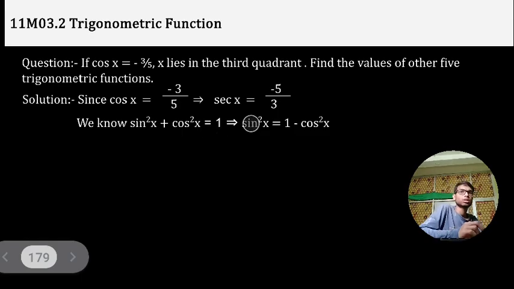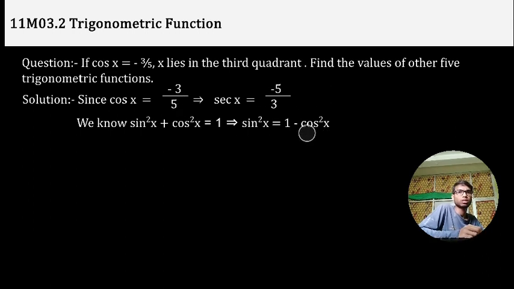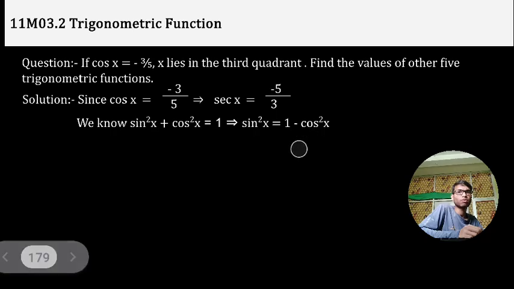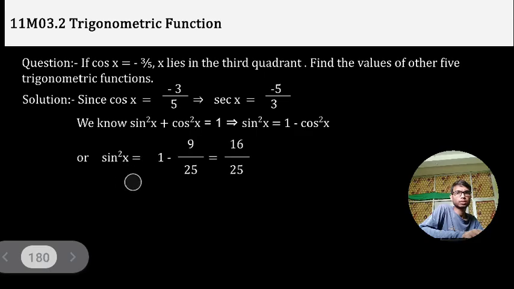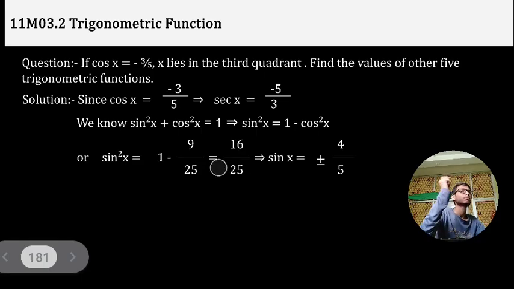Clear? Now here we will substitute the value of cos. After simplifying it, we get 16 upon 25. Both are perfect squares: this is a perfect square of 4 and this is a perfect square of 5.